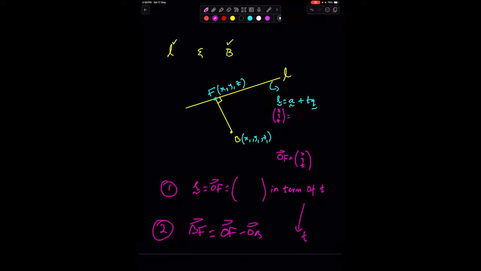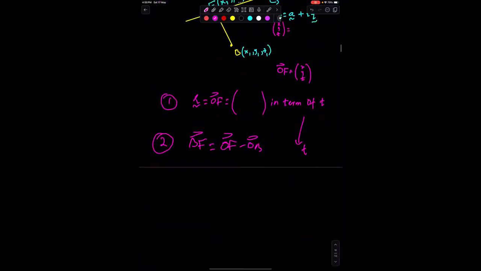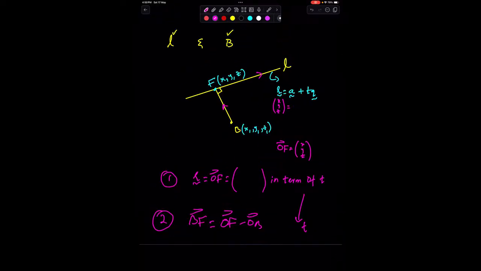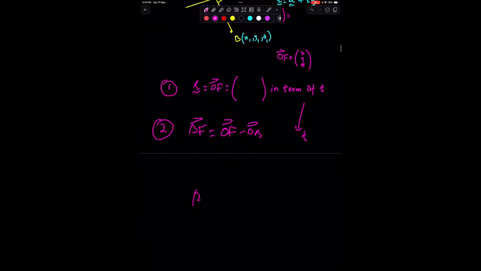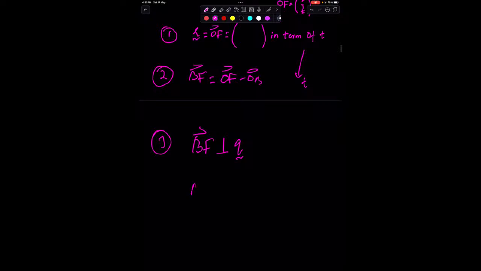Now for the value of T, take the dot product of these two vectors, BF and the direction vector of line L. BF is perpendicular to the direction vector of the line, so their dot product must be 0.